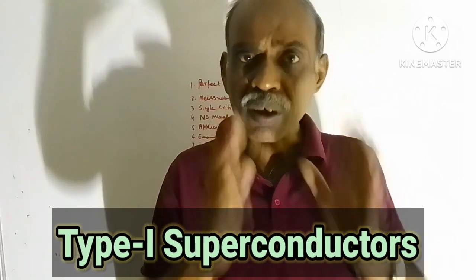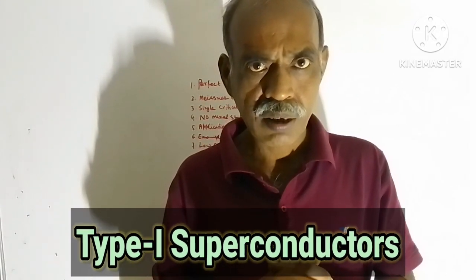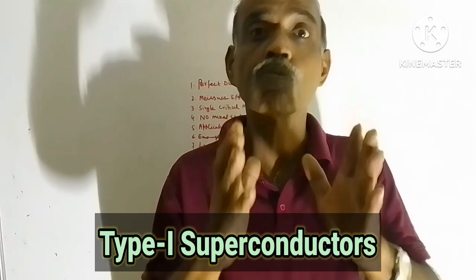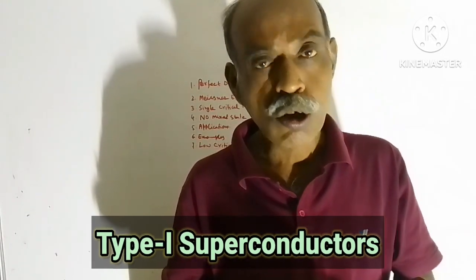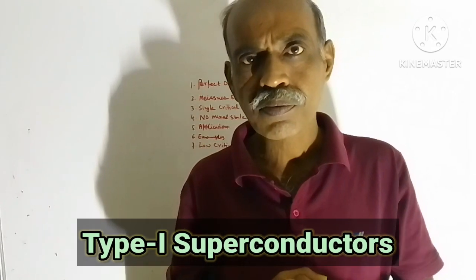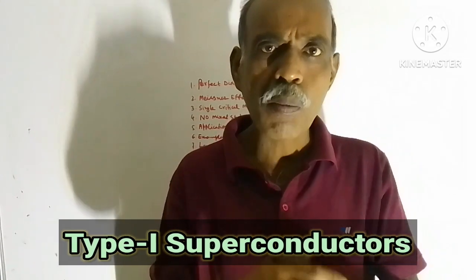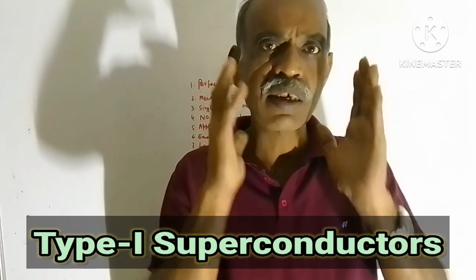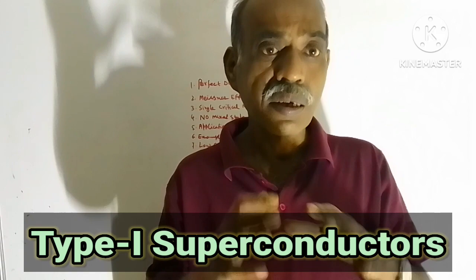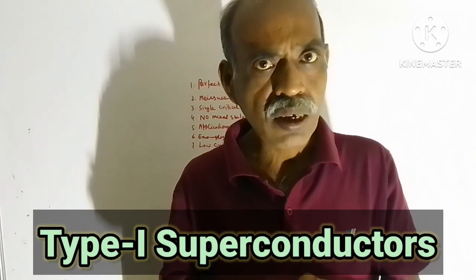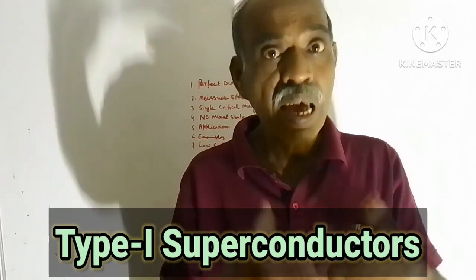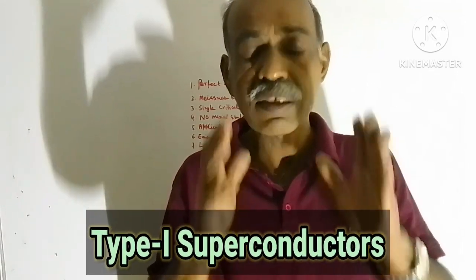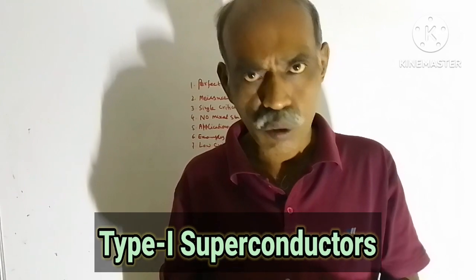But if you are not able to do that, then that is not the state of complete superconductivity. So for certain materials, there is a lower limit of magnetic field strength for which some of the fluxes enter into the material and the remaining part of the material remains in a state of superconductivity, and this is called the mixed state.